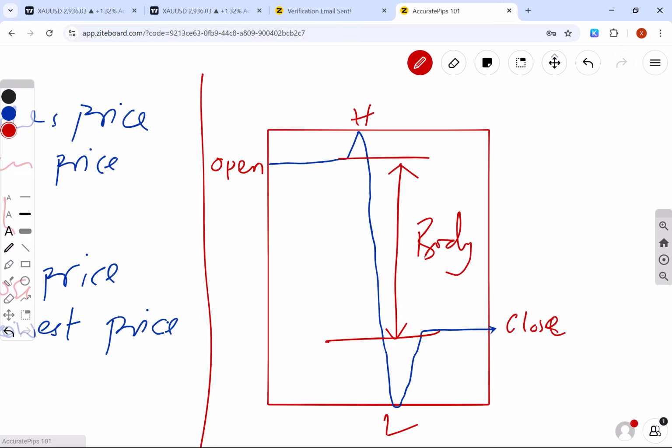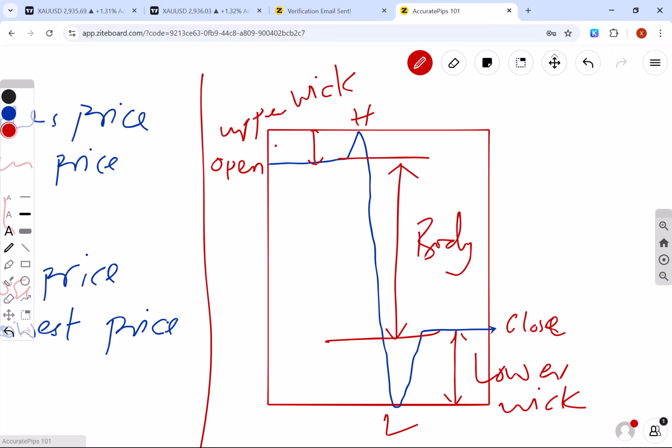So this point between the highest price and the open is the upper wick of the candle. And from here to here is our lower wick.